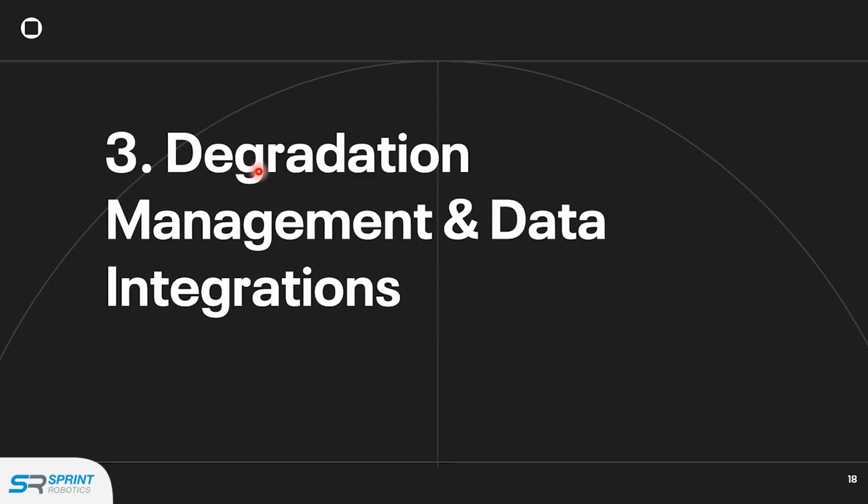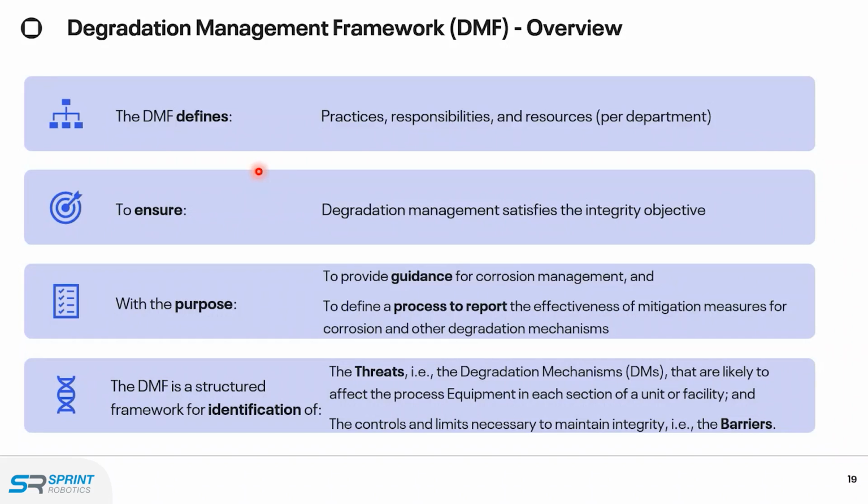Then we talk about degradation management. That's the key. Degradation management framework is a methodology that we have in IMS. It was originally called corrosion management framework. If you hear a lot from Shell specifically, they call it CMF. We rebranded it as degradation to make the concept a little bit broader.